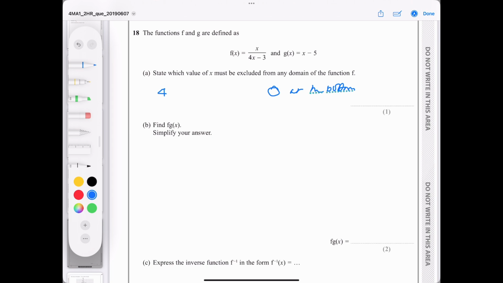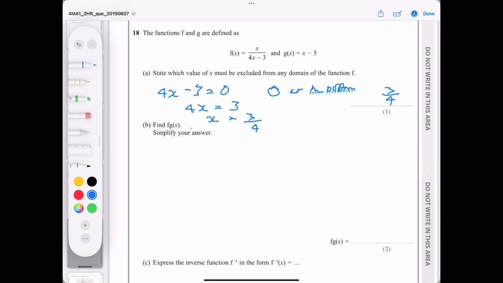So if 4x minus 3 equals 0, we add 3 to both sides, so x equals 3/4. If x equals 3/4, it doesn't work.